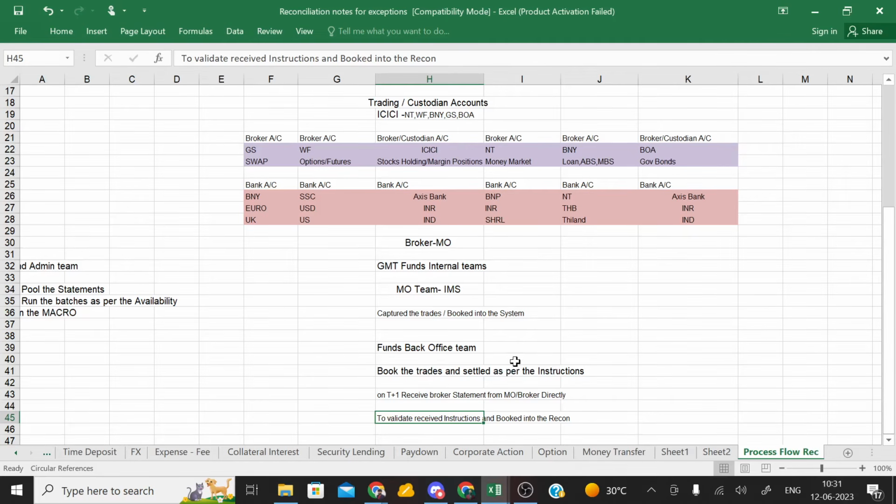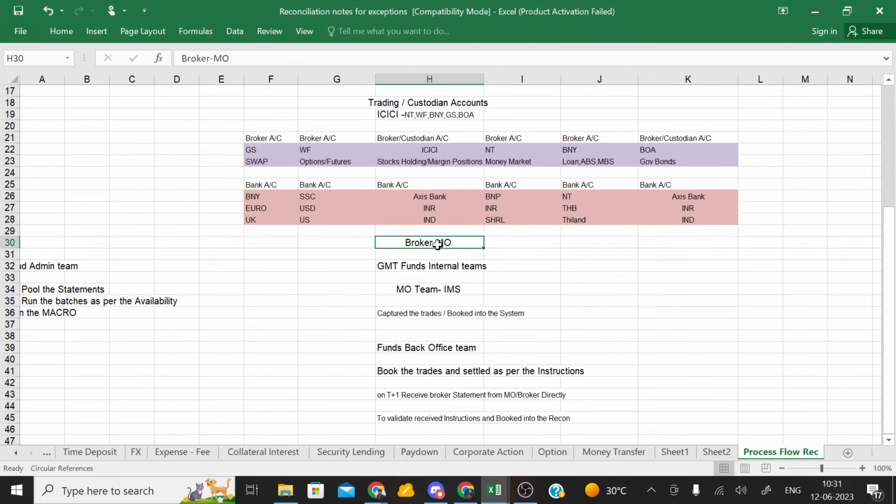Okay. So once they book it into the system, automatically the system will create one ledger, correct? If I book anything in the system, it will create one ledger, and ultimately I have one more data set, that is broker data. So that becomes my statement versus ledger. So that's how your Recon teams come into the picture, right?